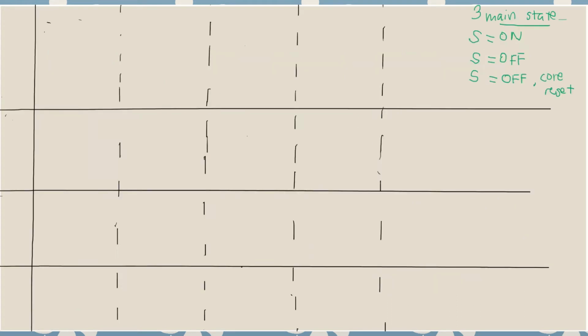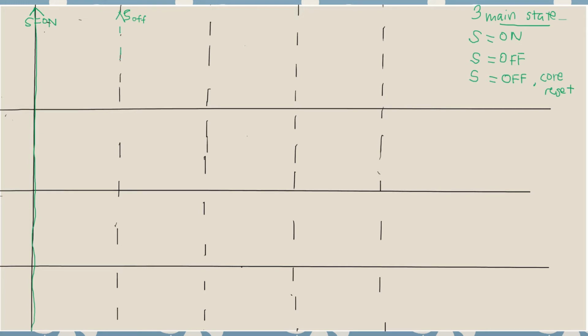At this waveform, because we have three main states, during this line till the end, this is when S is on. At this point here, this is when S is off.